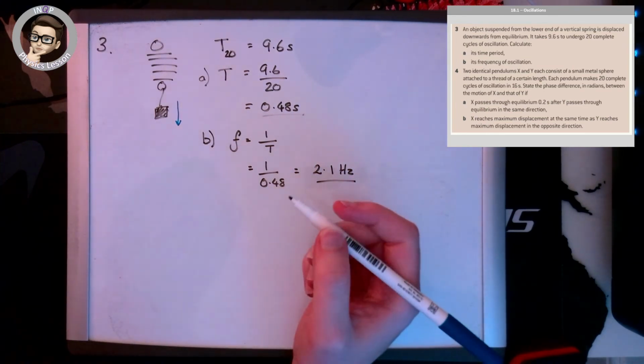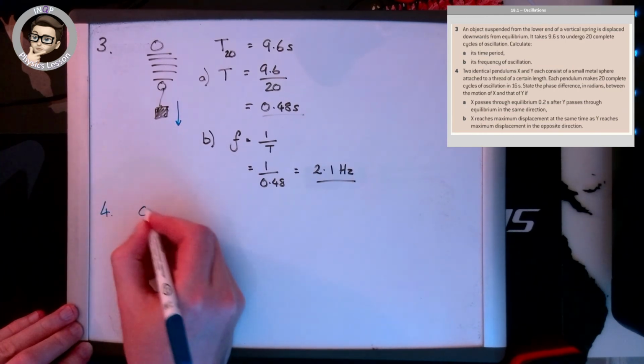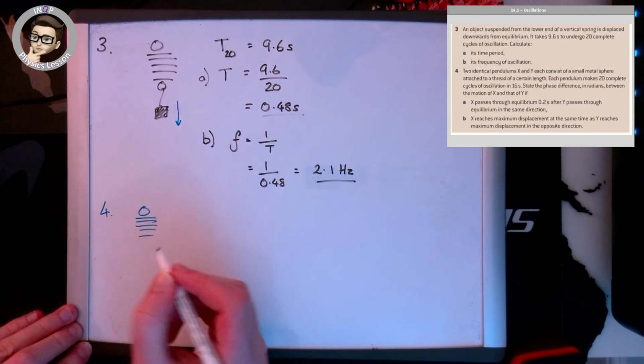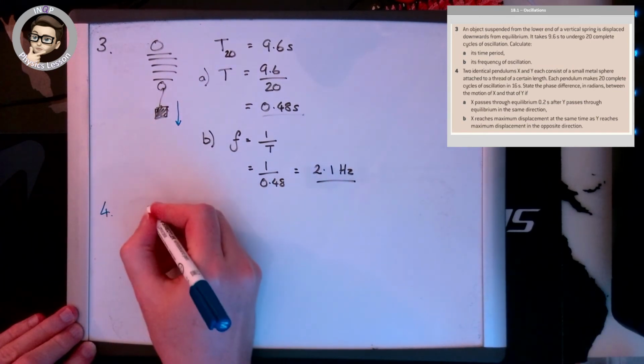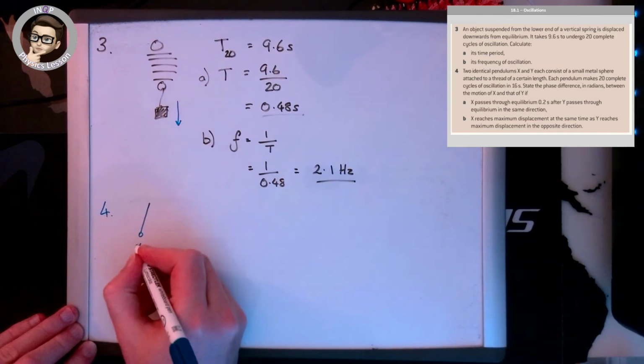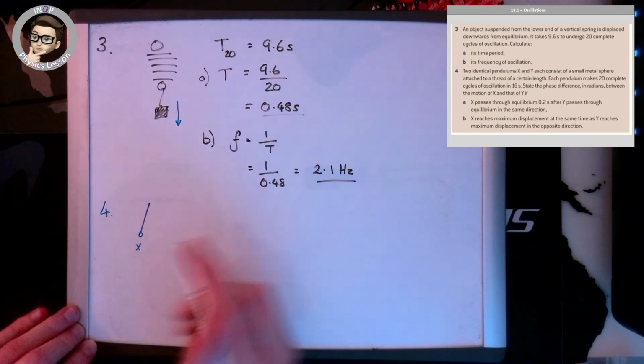So in question 4, we've got two identical pendulums, X and Y. Sorry, pendulums, not springs. Each consists of a small metal sphere attached to a thread of a certain length. Each pendulum makes 20 complete cycles of oscillations in 16 seconds.